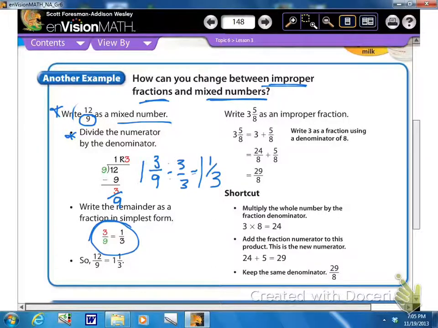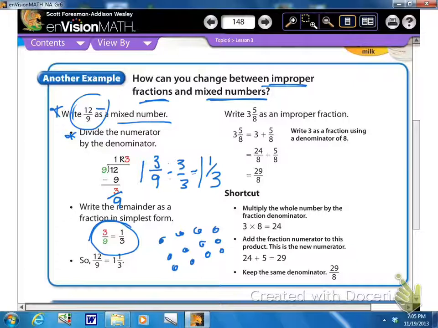Now if you think about it, I want this to make sense. So again, think of this 12/9. You have these 12 pieces, and it takes 9 to make 1 whole. So if you had 12 little circles to make your set, 9 of those pieces would make 1 whole.